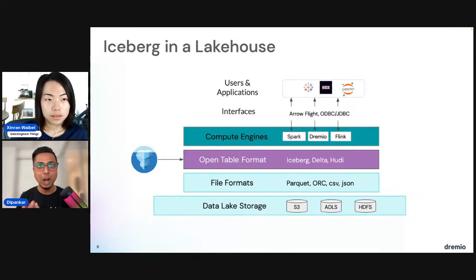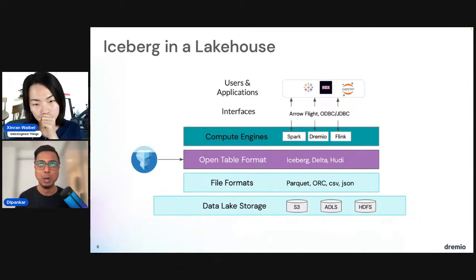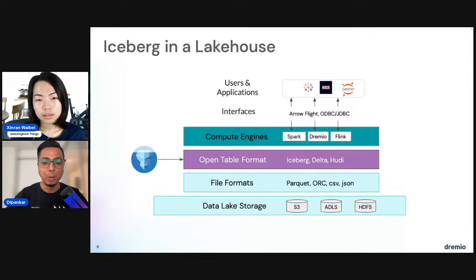Now we have the ability to mix and match things as we want, depending on our analytical requirements, right? For example, today you have BI, but in the future, as you mature in your analytical journey, you might want to do some advanced modeling, so you bring in another set of tools for that. You really don't have to change anything to bring those tools. Ultimately, you're building upon the foundation.